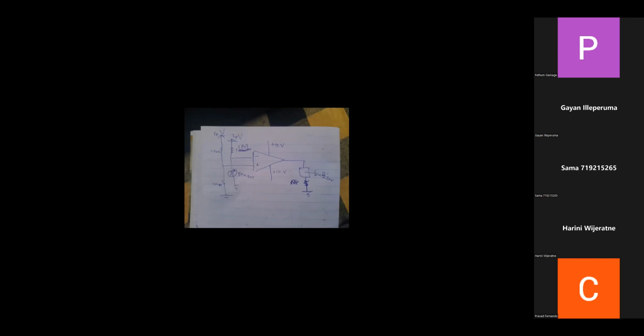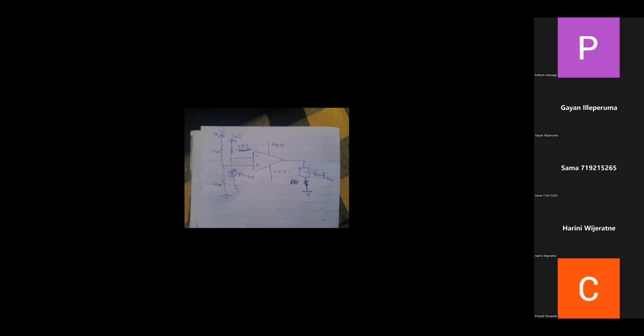But I see there are two small issues. One issue is from Pathum's one, I think Pathum is using two power supplies, one to power up the op-amp, another just to have the reference voltage. In Harini's one, you are using the same supply, but again you are using two resistors as voltage dividers. So there's a small issue with that.